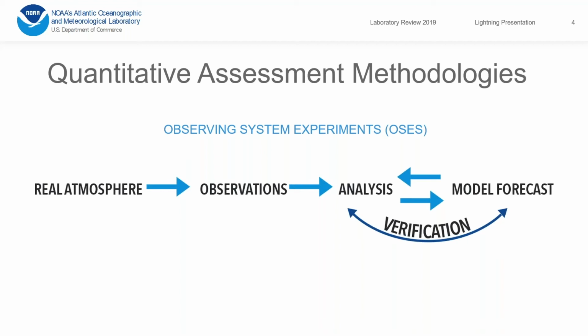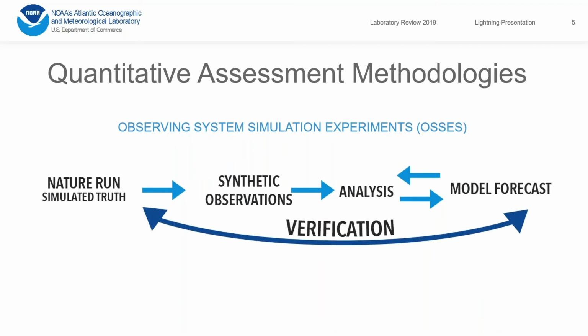We do a forecast, and then we verify against the analysis of the next cycle. Based on the impact of a new observing system, we can say, okay, this is a positive impact, or this instrument is having a neutral or negative impact. That works very well when we have the observations. But what happens if someone wants to launch a satellite 10 years from today, and we don't know what the impact of that instrument is going to be?